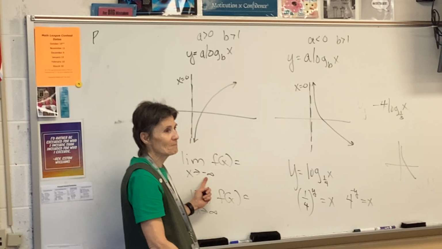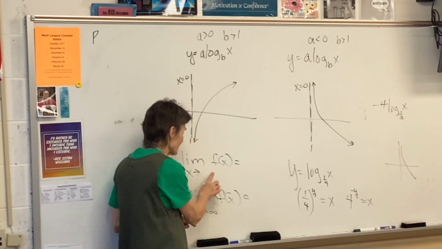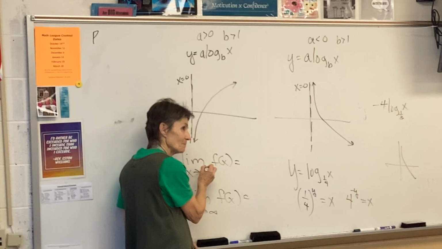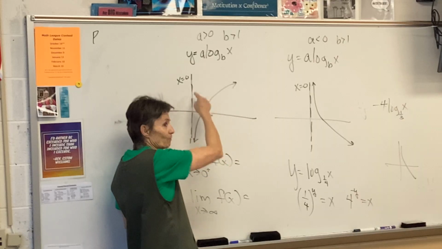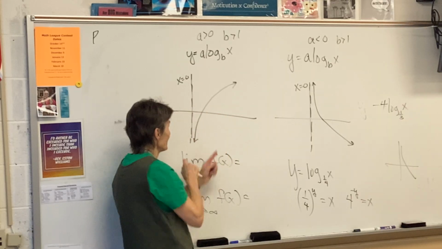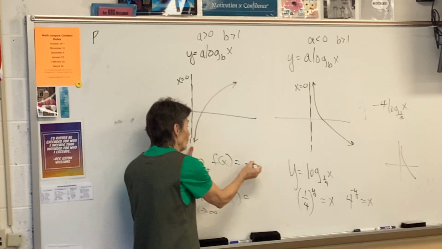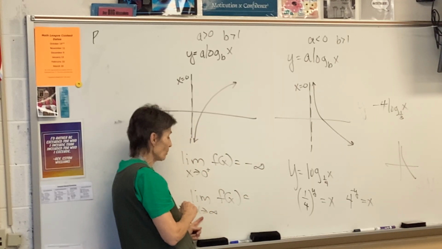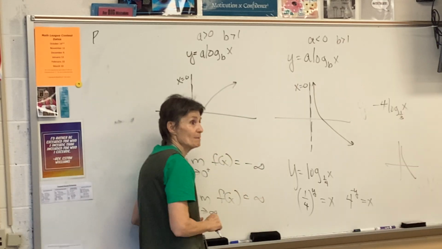Can you do that? So the end behavior for a logarithm will be x approaches 0, right? From the right side. X is approaching 0 from the right side. Well, what's happening? As we approach 0 from the right side, we're going down. And as we approach infinity, we are going up. Does that make sense to everybody?